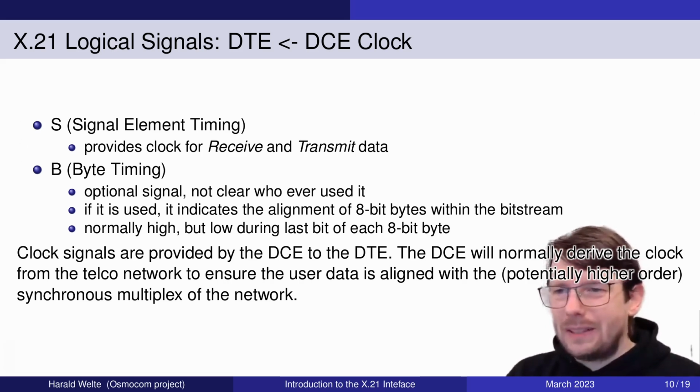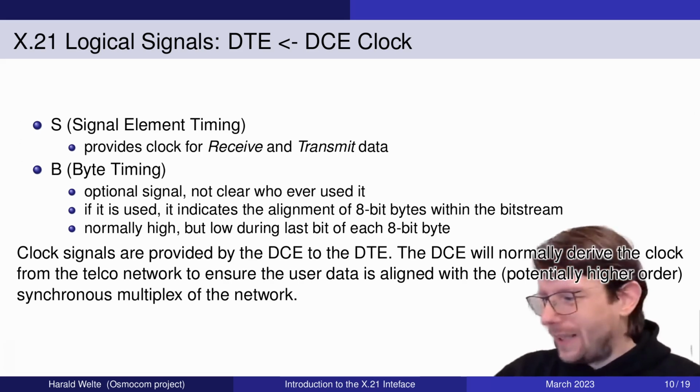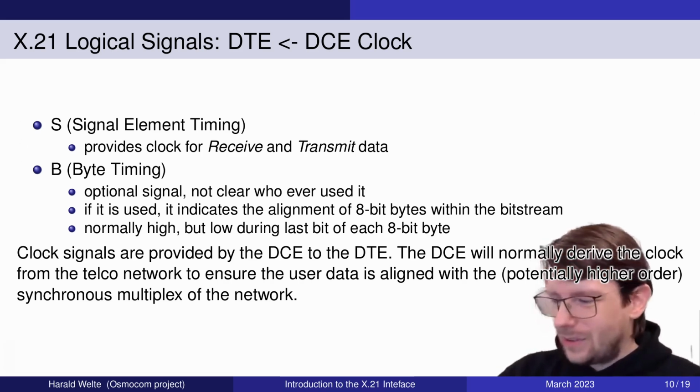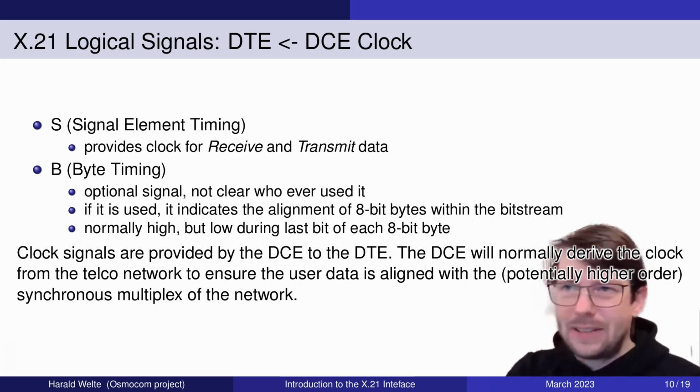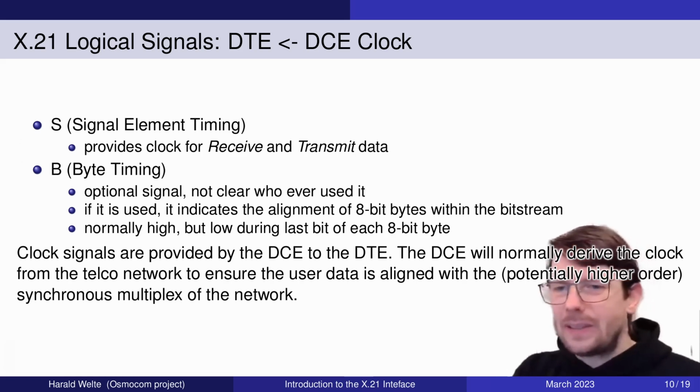If you had such a signal from end to end, then of course you could basically save an HDLC controller at the receiver side or something like that. But as I said, it's optional and not used in all the deployments that I've read about. These clock signals, both the mandatory bit timing, the signal element timing, as well as the optional byte timing, are provided by the DCE.